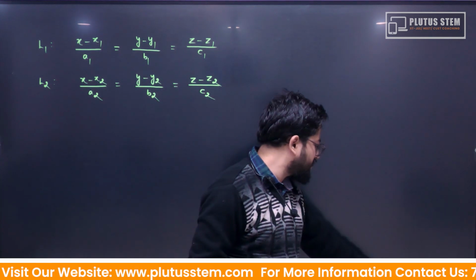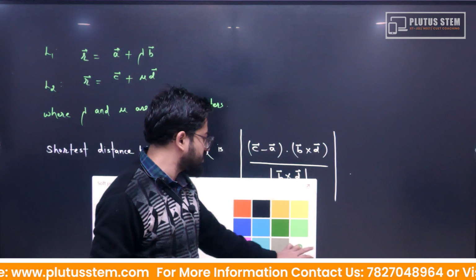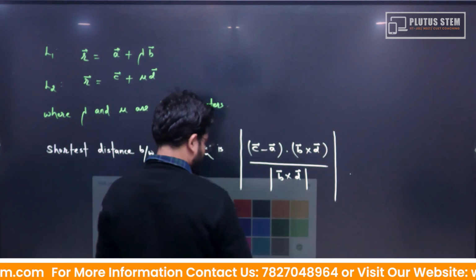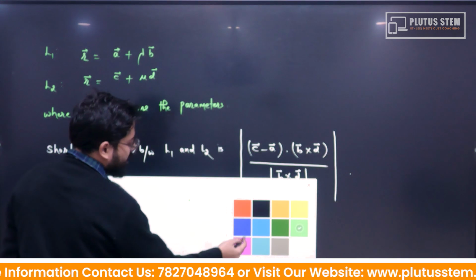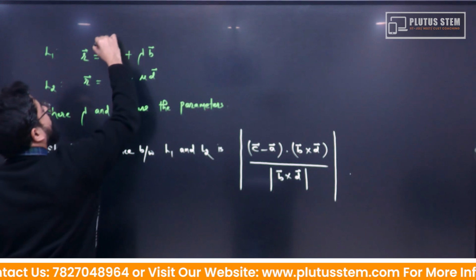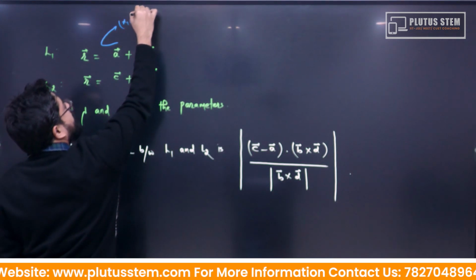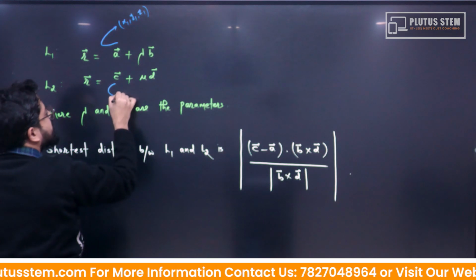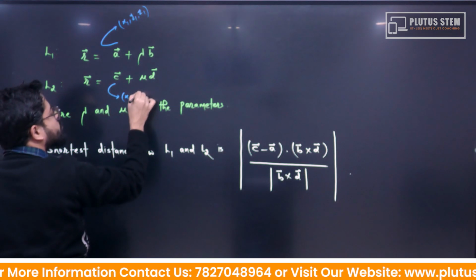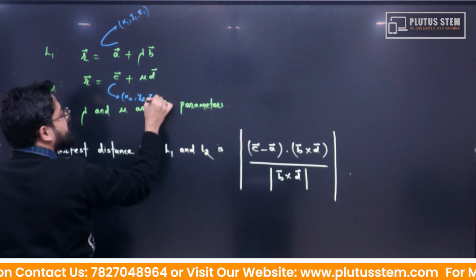You can derive from here, in Cartesian form, that A is the point with position vector x1, y1, z1, and C is the point x2, y2, z2.